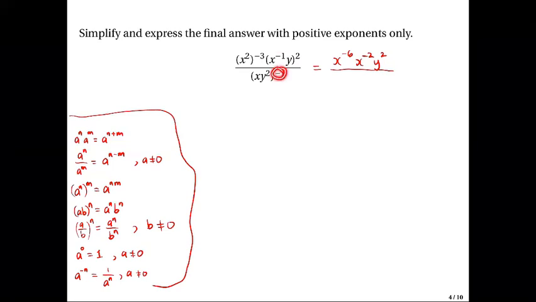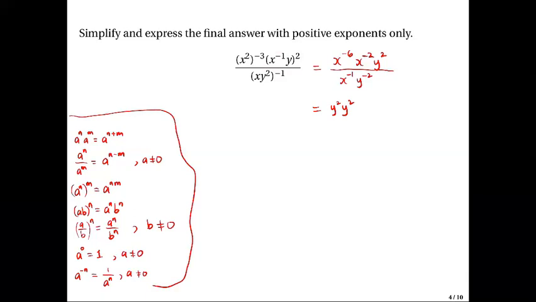Same is true for this. On the denominator, we distribute this negative 1. And then we will end up with x raised to negative 1, y raised to negative 2. So if we simplify all of the expressions here, we will have y squared, y squared again.